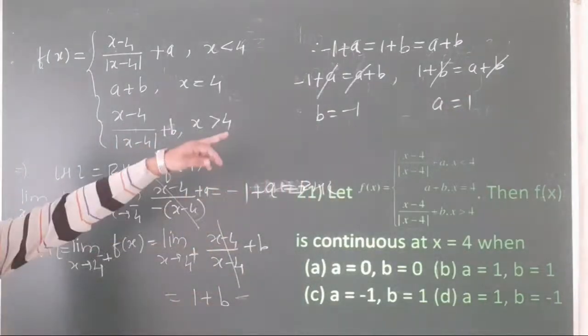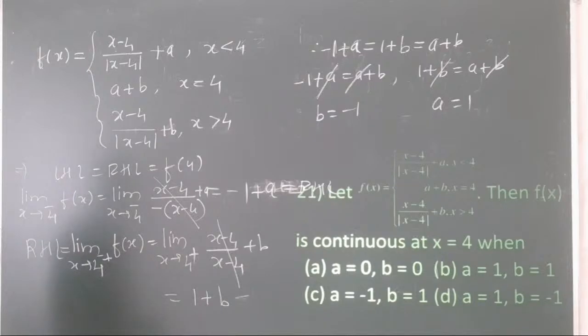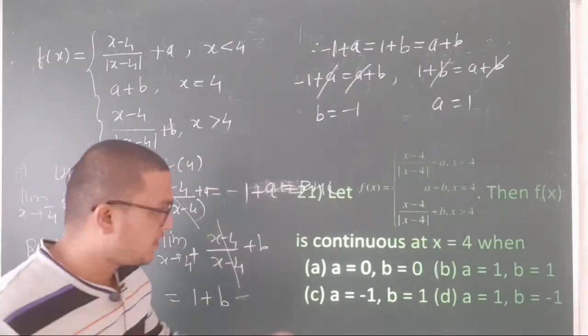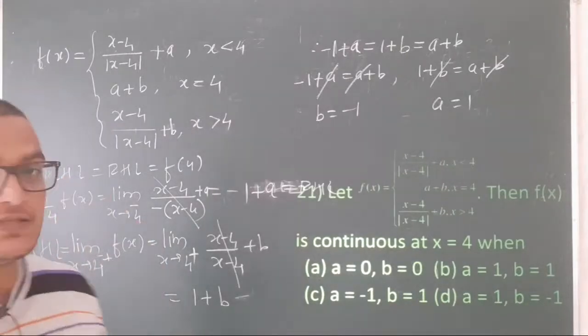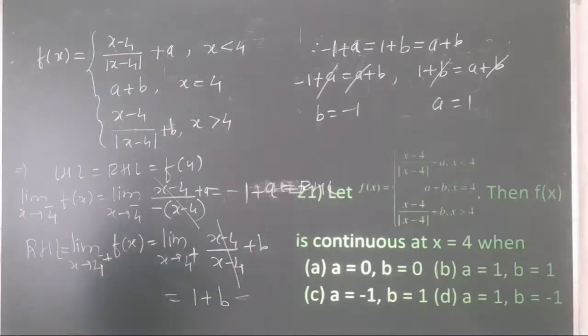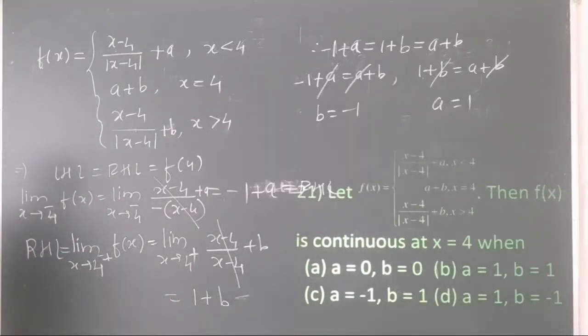Means what? a is equal to 1, b is equal to minus 1. So therefore option D is correct. Option D is correct. Okay, that is a equals 1 and b equals minus 1. In this also we have simply found LHL and RHL.